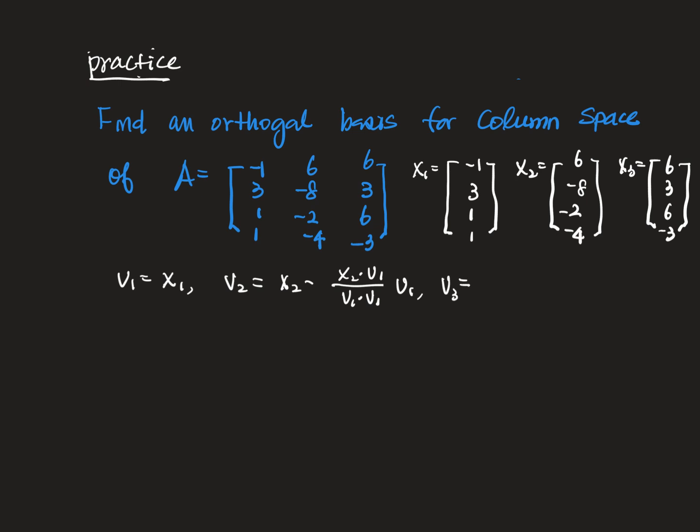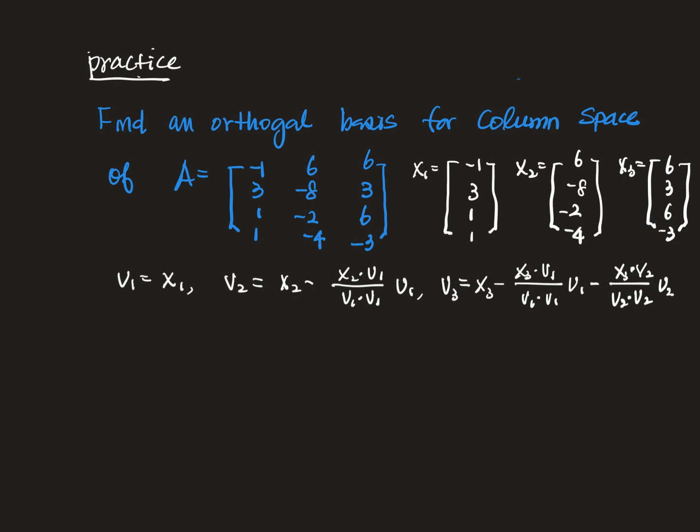v3 is x3 minus (x3 inner product v1 over v1 inner product v1) times v1, minus (x3 inner product v2 over v2 inner product v2) times v2.